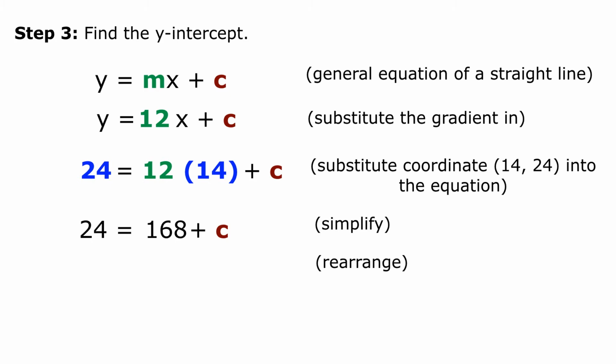So I want to move that 168 across. So I'm leaving the 24 on the left, I'm leaving the equals c on the right, and I'm just going to pick up that 168 and move it from one side to the other. And because I'm moving it across the equal sign, it changes to become negative 168. So my last step is to solve that. So I'm going to do 24 take away 168, and that's going to give me c equals negative 144.